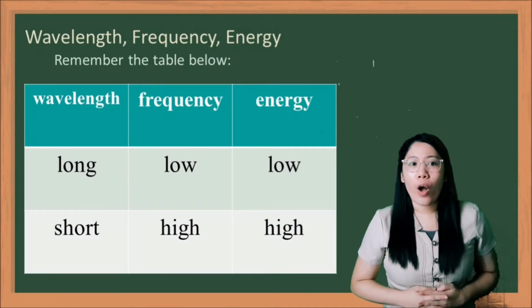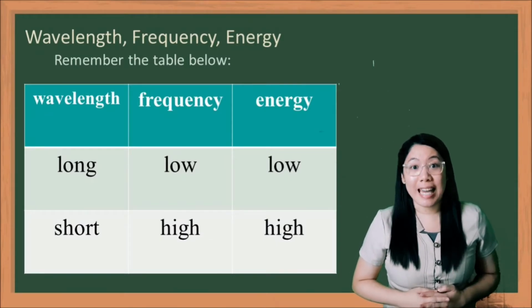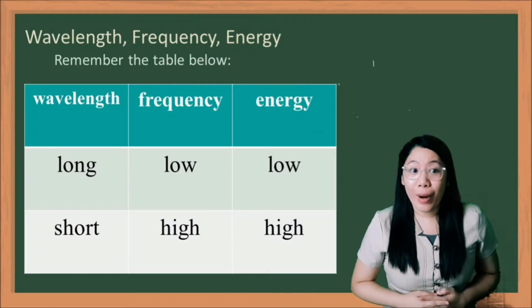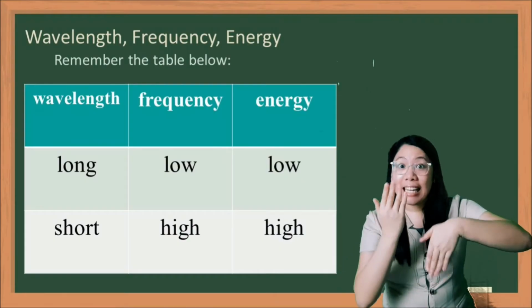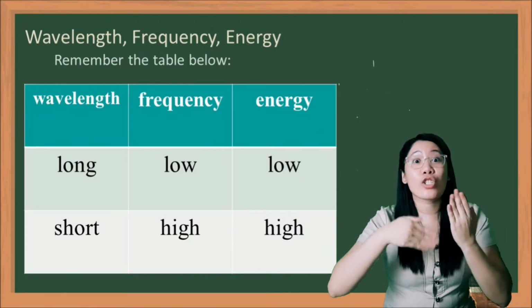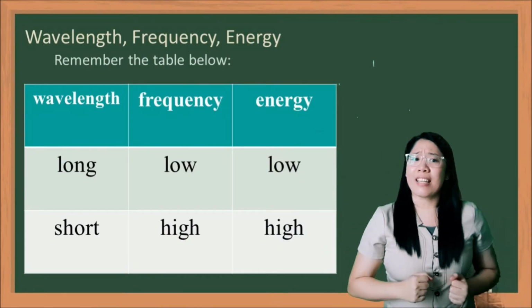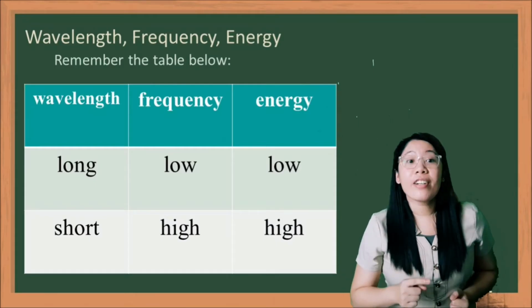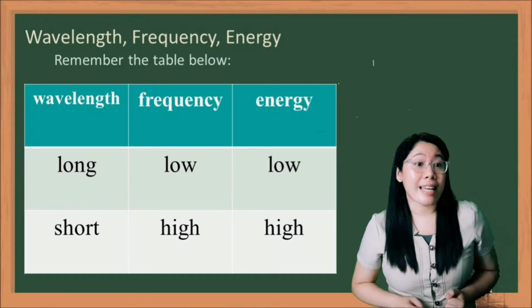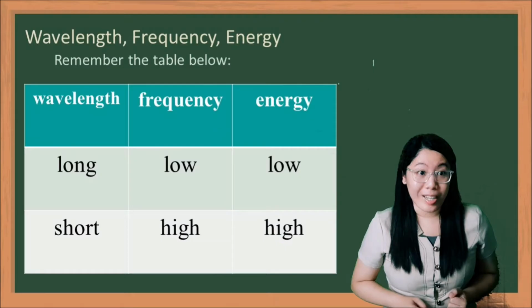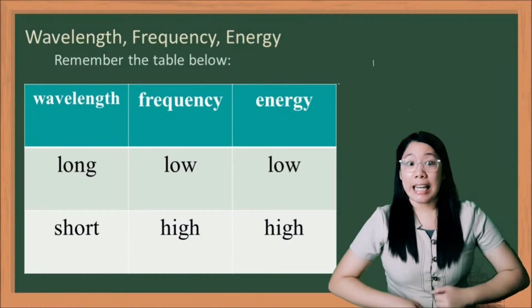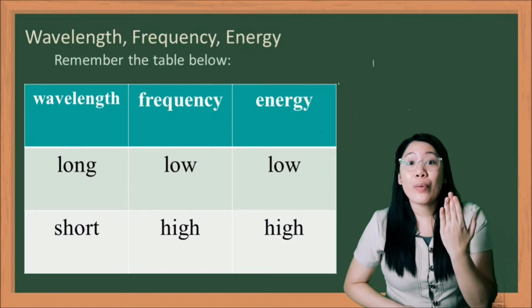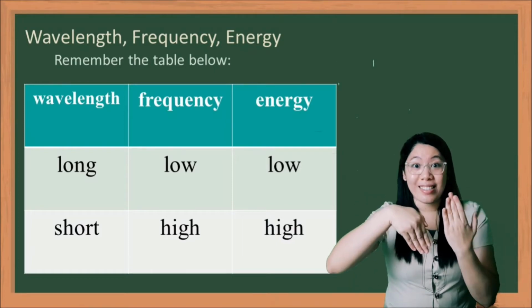Therefore, wavelength and frequency have an indirect relationship. This means that as one characteristic increases, the other decreases. In other words, if the wavelength increases, the frequency decreases.